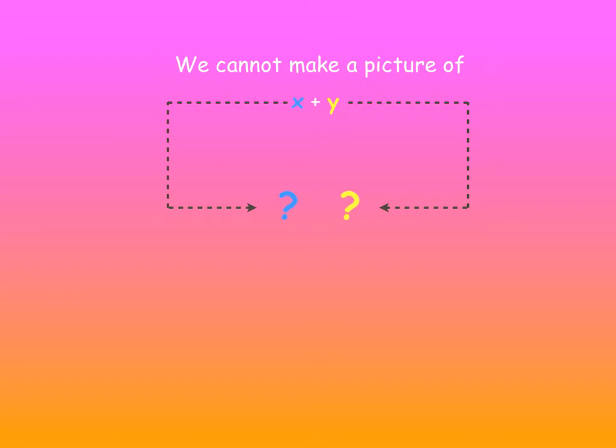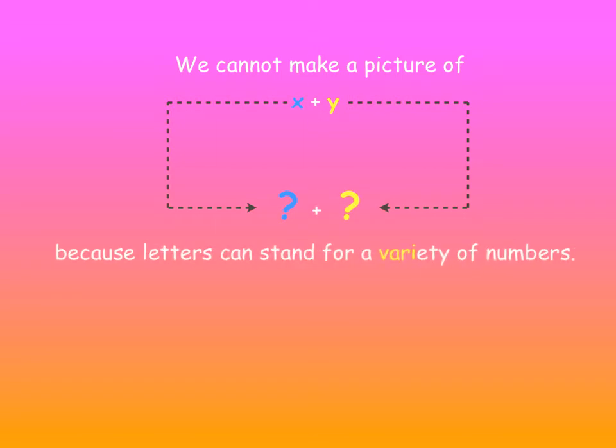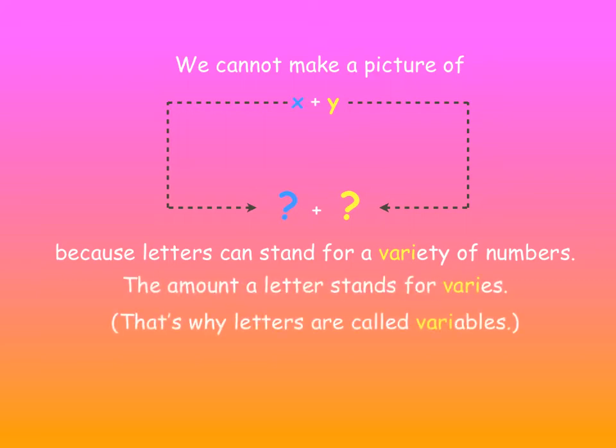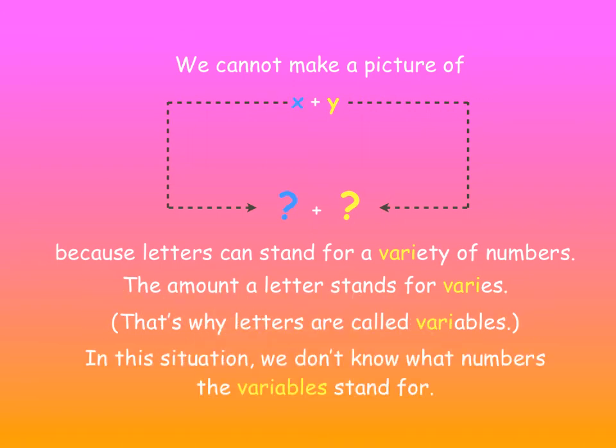Why not? Because letters can stand for a variety of numbers. The amount a letter stands for varies, and that's why letters are called variables. In this situation, we don't know what numbers the variables stand for, so we can't make a picture.